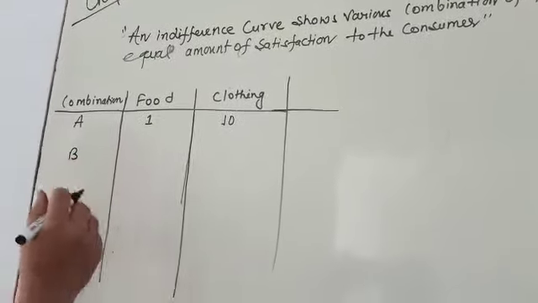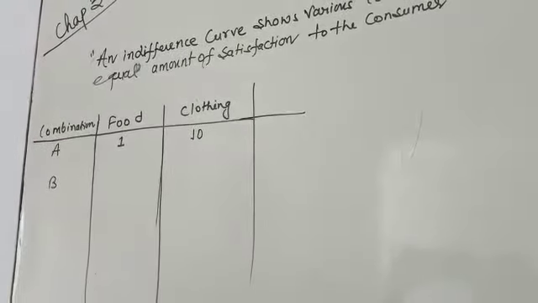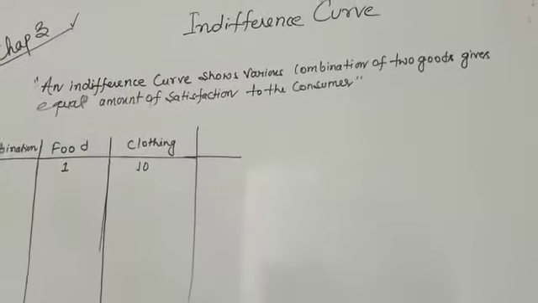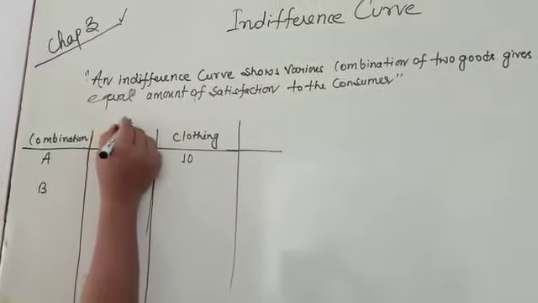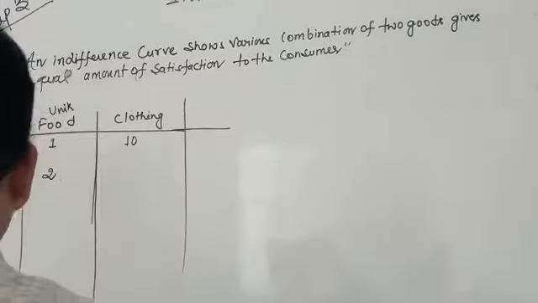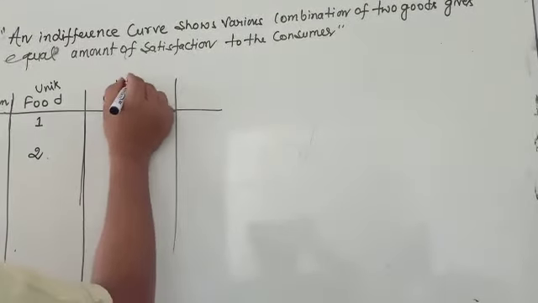There may be another combination when the consumer increases food and decreases the units of clothes. So he takes 2 units of food and 7 units of clothes.